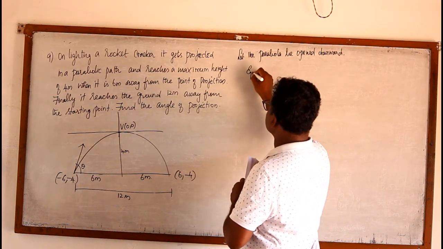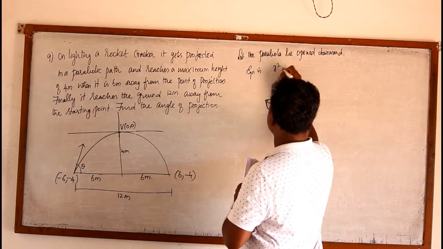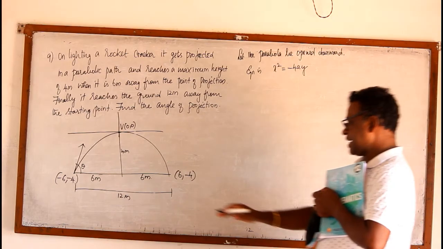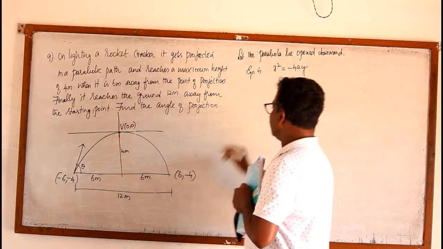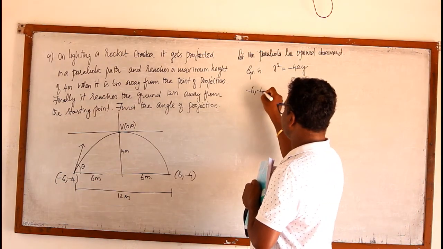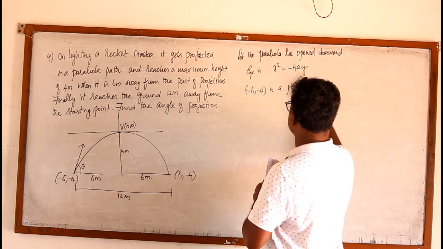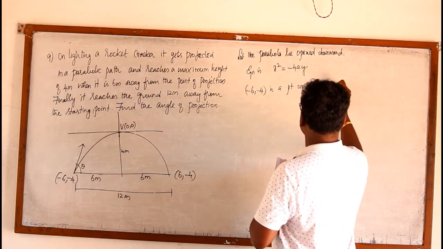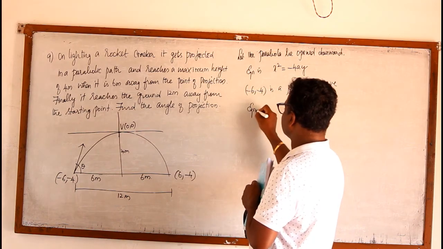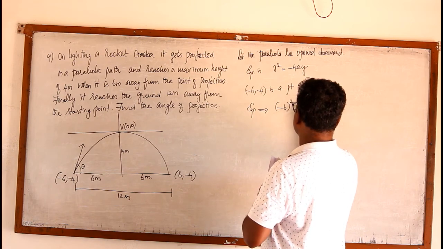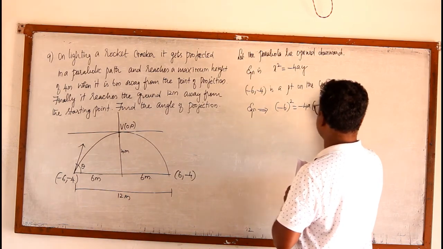Then the equation is again x square equal to minus 4ay. Now can I take this point (-6, -4)? (-6, -4) is a point on the curve. So then the equation becomes, instead of x, minus 6 the whole square equals minus 4a into minus 4.